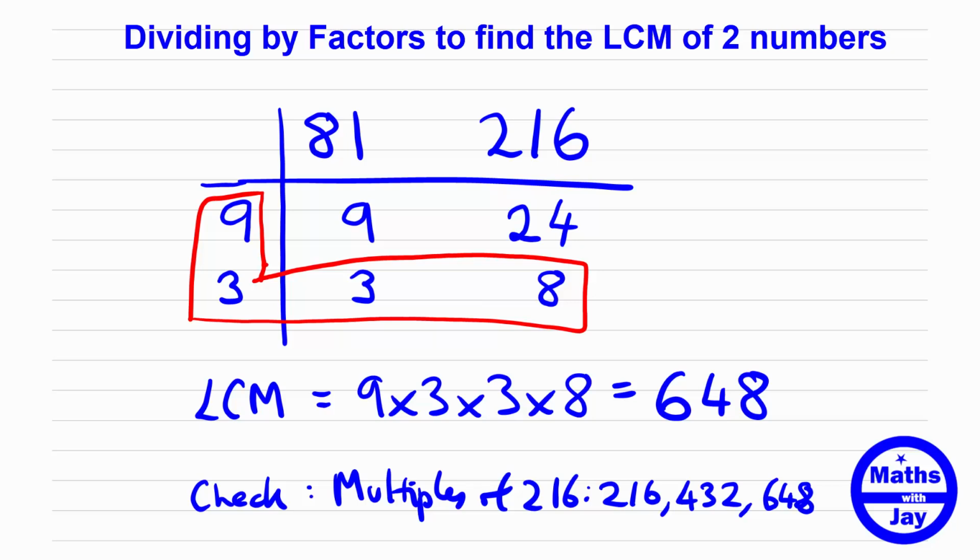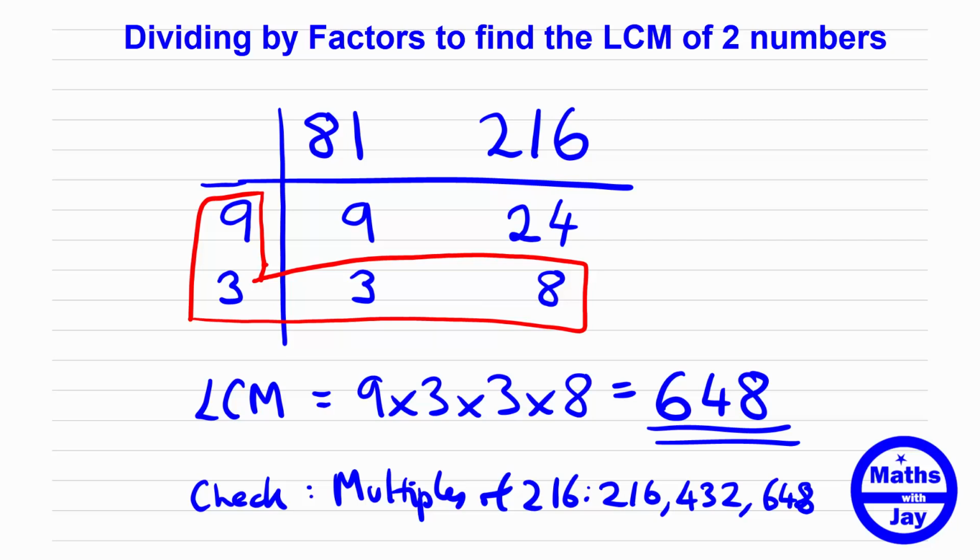And we want to look back at the 216 and 432 and see that those are not multiples of 81, but the 648 is a multiple of 81. So it does indeed look as if we have got the correct answer here.